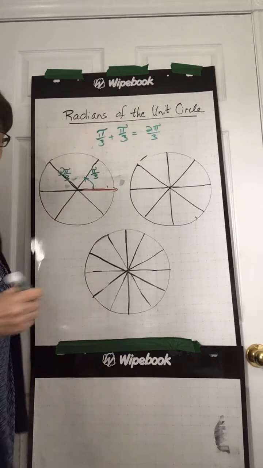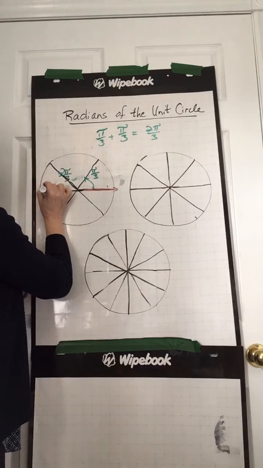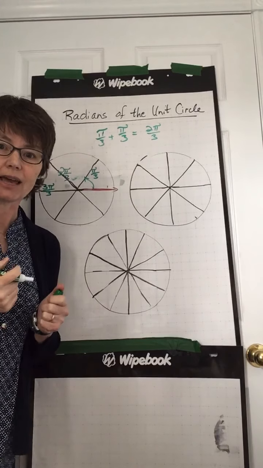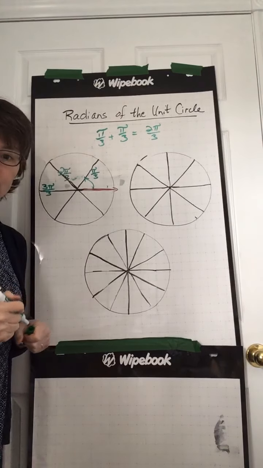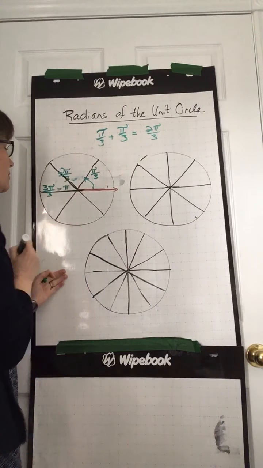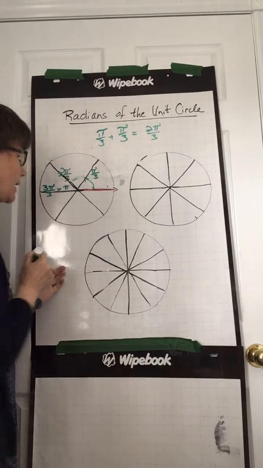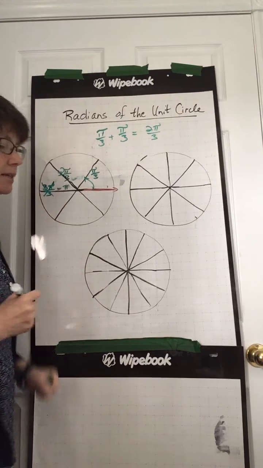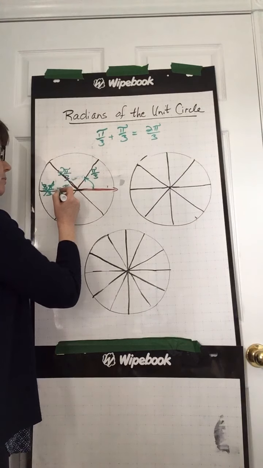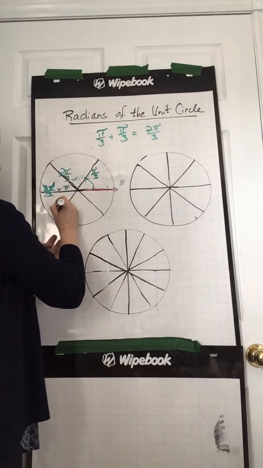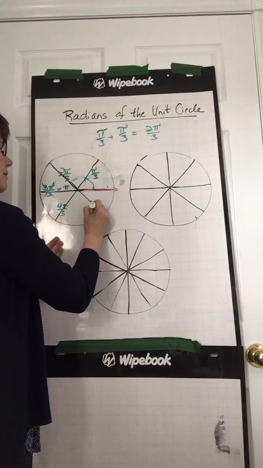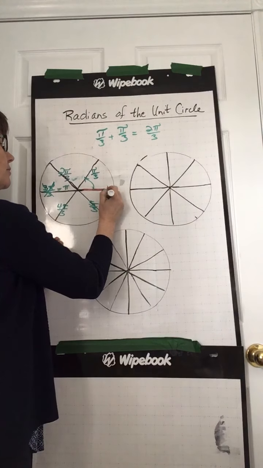Add another pi over 3, we would actually get 3 pi over 3. But we can simplify that. 3 pi over 3 is equal to pi. Okay, so we won't write it as 3 pi over 3. Instead, we'll write it as pi. So get rid of that. Okay, write it in its simplified version. Pi over 3, 2 pi over 3, 3 pi over 3, 4 pi over 3, 5 pi over 3, 6 pi over 3.